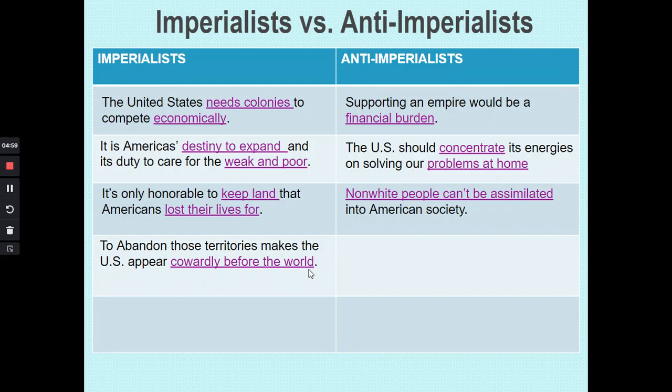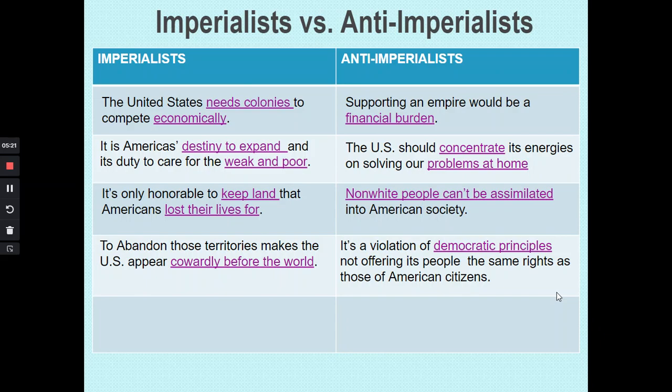Imperialists also said to abandon our territories, if we gave it back after fighting and dying for it, that would appear cowardly to the rest of the world. The rest of the world would mock us, and therefore we can't give back the territory that we've won.